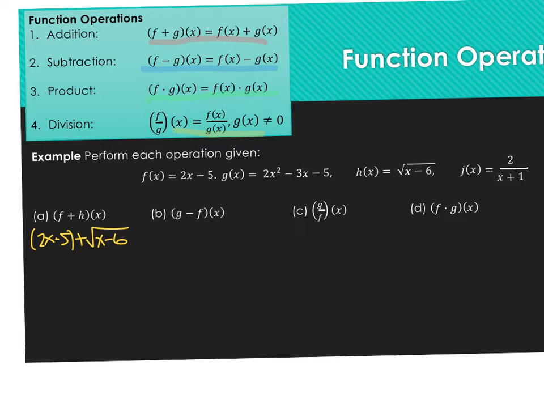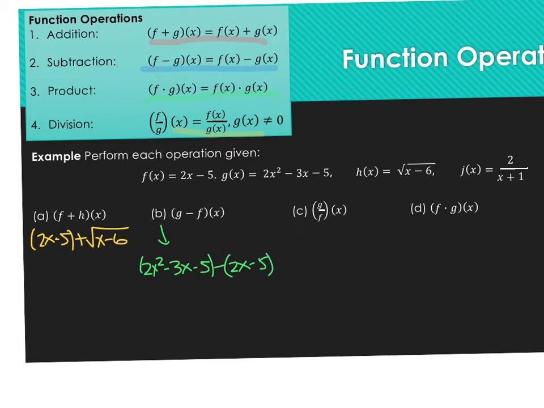If we look at b, we're going to take our g function first. So I'm going to use parentheses, 2x squared minus 3x minus 5. And we will subtract the f function, and I'll use parentheses again, 2x minus 5.